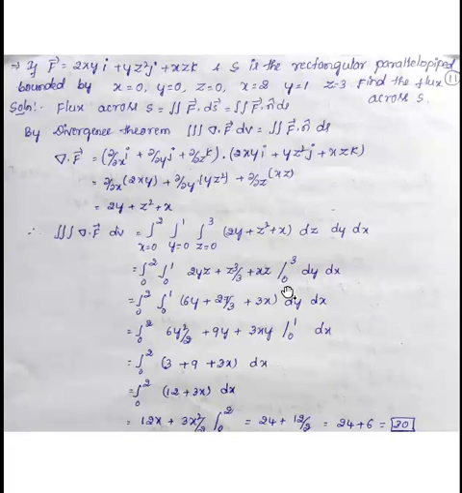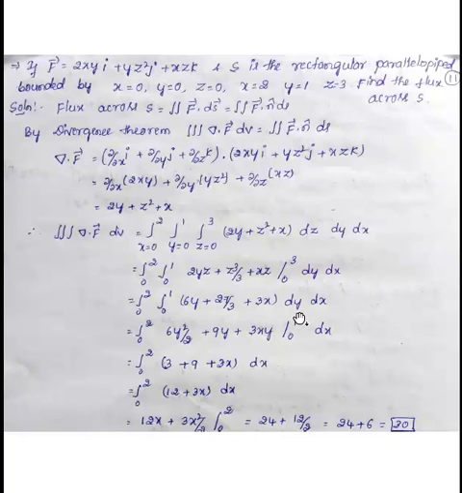Apply the upper limit minus the lower limit in the z term only: 2y into upper limit 3 is 6y, z³ is 27 by 3, xz is 3x, minus the lower limit which is 0, dy into dx.